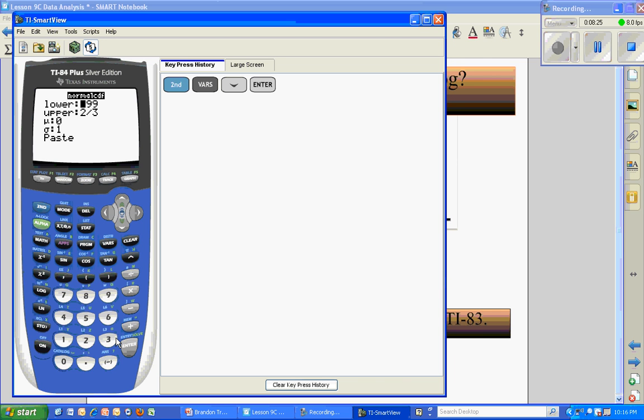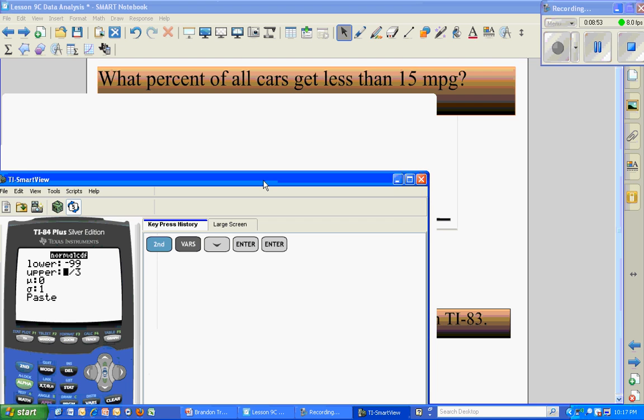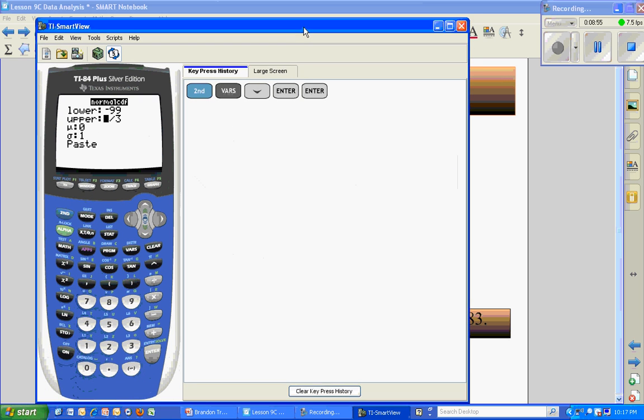Since I'm looking for the data below 15 miles per gallon, I'm going to go negative 99. It just needs to be a small number. I usually use either negative 99 or positive 99. Some people will tell you to use negative 999 to positive 999, but it really doesn't affect the answer once you get to that point. So that's my low. My upper was my z-score, which was negative 1.5.